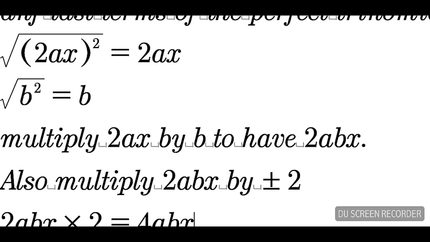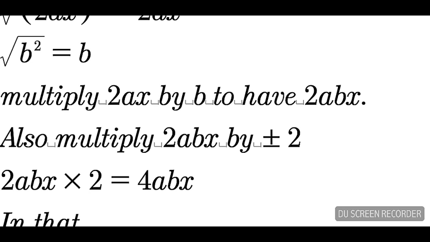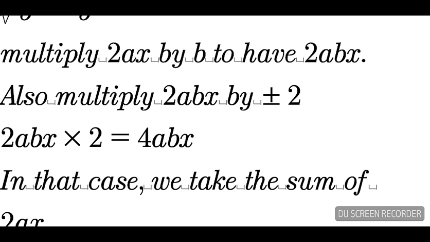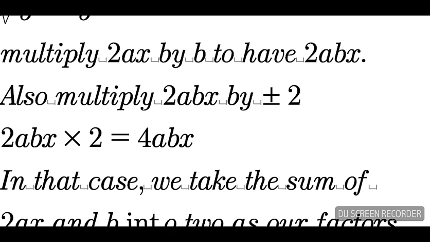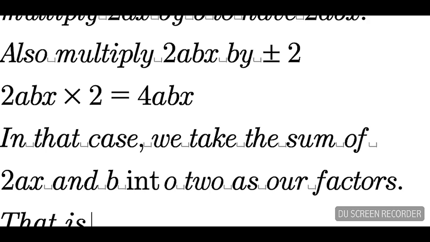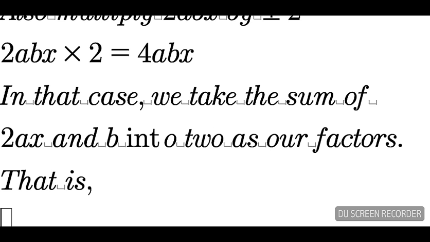So in that case, we take the sum of 2ax and b, into 2, as our binomial factors.